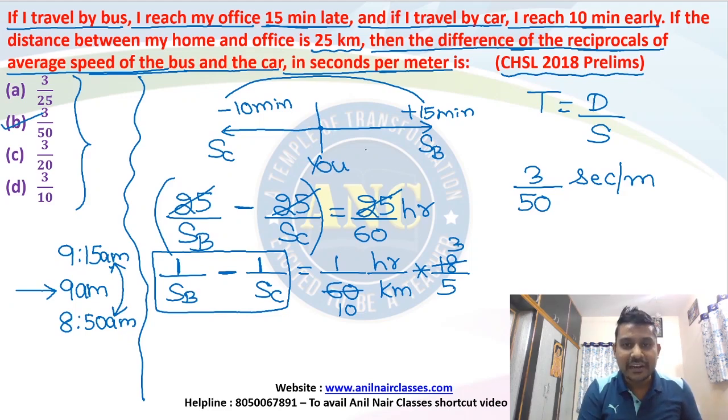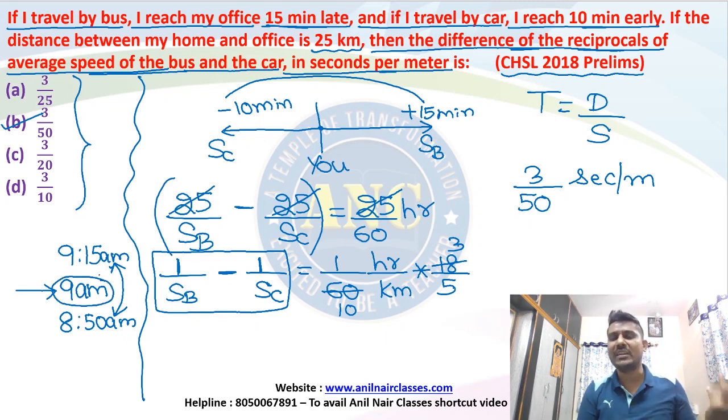If you cannot understand like this diagrammatically, you take some dummy values as 9 o'clock or 10 o'clock, whichever time you want. 9 o'clock 15 minutes late is 9:15. 9 o'clock 10 minutes early is 8:50. The gap is 25 minutes, and that 25 minutes only I wrote as 25 divided by 60 hours. I hope it is super clear for all the students listening to the class.